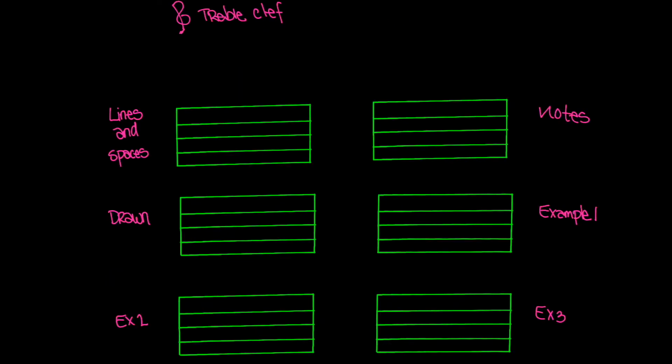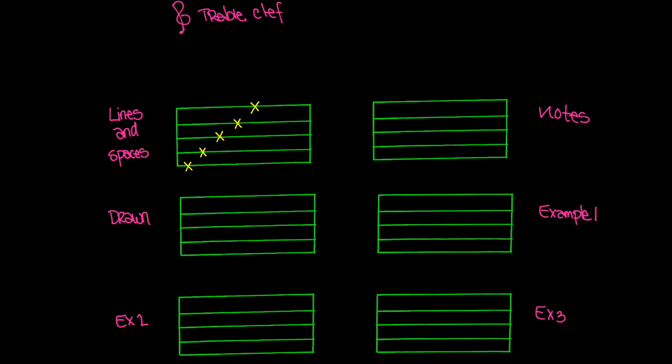In sheet music, when we look at staff paper, we have a collection of lines and spaces. The lines are going to be here, let's do those in yellow. Line, line, line, line, line.